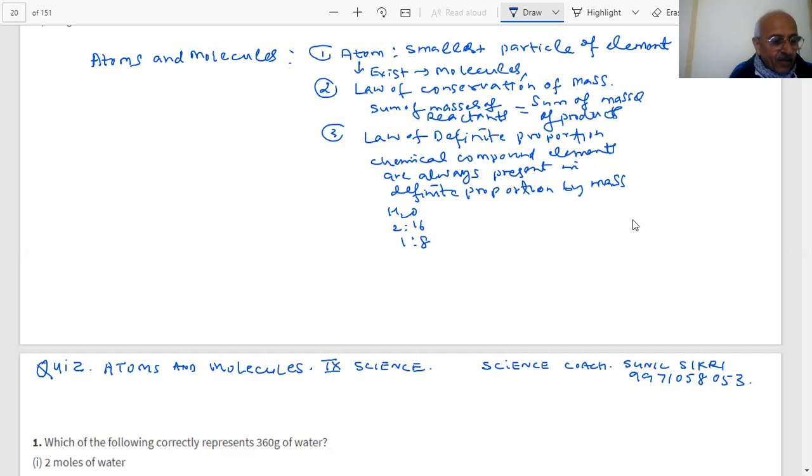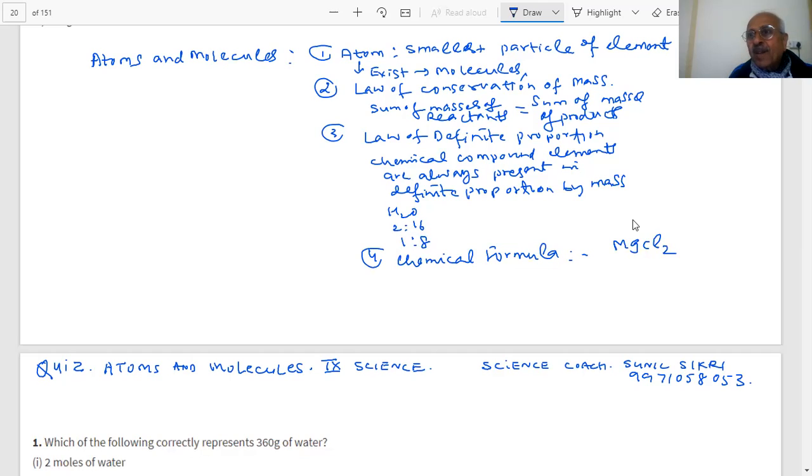Further, we learned how to write the chemical formula of a compound. If we write the chemical formula of, for example, magnesium chloride, what does it show?